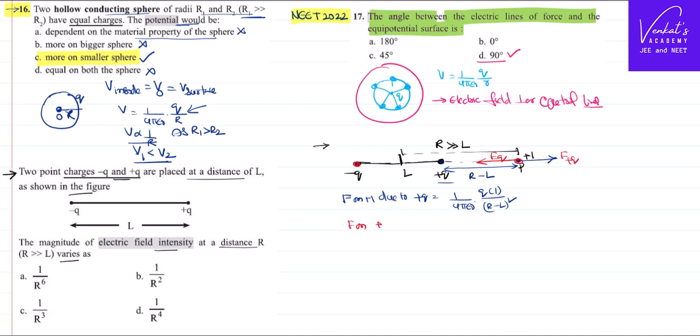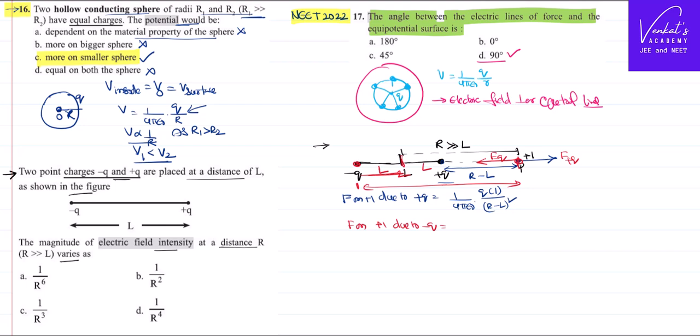Force on plus 1 due to the negative charge is, this distance becomes automatically from here to here. This is up to here is r, and this is actually you can say 2L for convenience, this is L and L, so that the total distance is 2L.